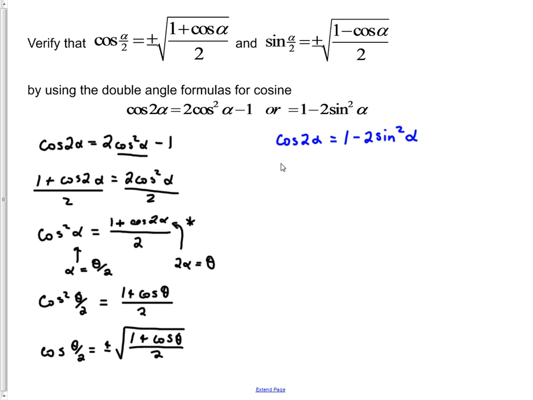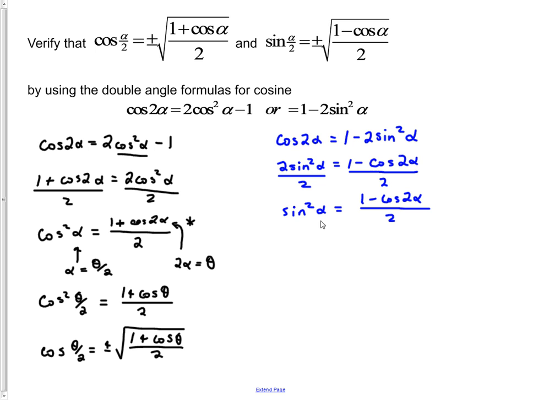I would find that 2 times the square of the sine of alpha, by adding that to both sides, and then subtracting cosine of 2 alpha from both sides, would give me 1 minus cosine of 2 alpha in place of 2 sine squared alpha. So if I divided everything by 2, as I did before, I would end up with the square of the sine of alpha being equal to 1 minus the cosine of 2 times alpha, all divided by 2.